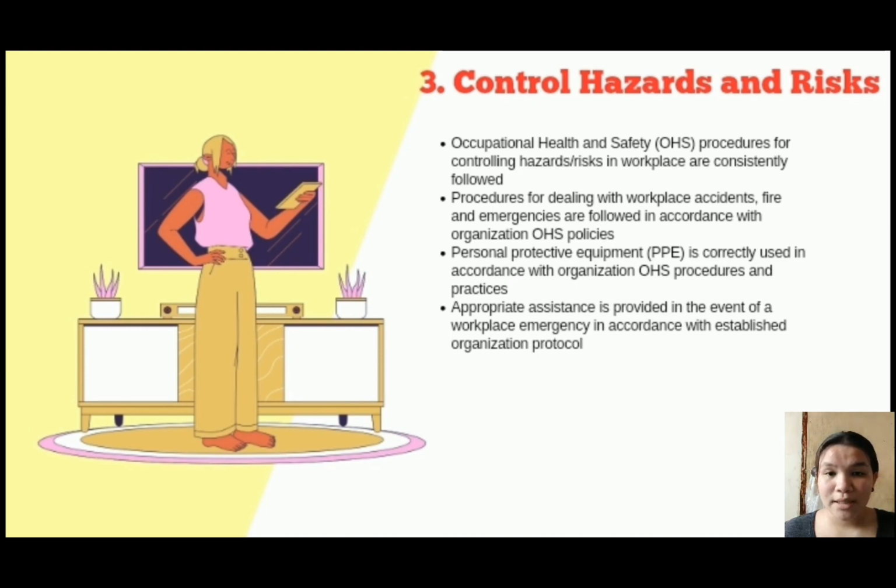And the appropriate assistance is provided in the event of a workplace emergency in accordance with established organization protocol. So, personal protective equipment, or the PPE, include the gloves, glasses, air masks, apron, safety footwear, dust mask, which are designed to reduce exposure to the hazard.